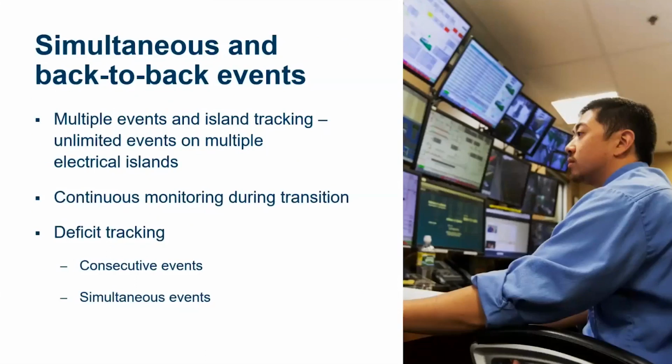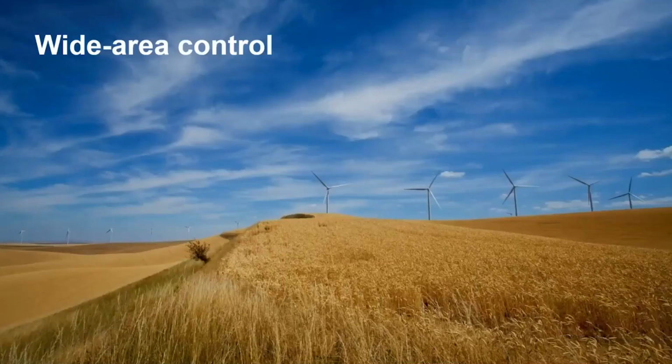We can address multiple events using singular control platform so that coordinated control is achieved. Utilizing continuous monitoring during transition, we can track the imbalance so that an informed decision can be made in real time with minimal impact. And this can be adjusted based on system configuration after earlier events.